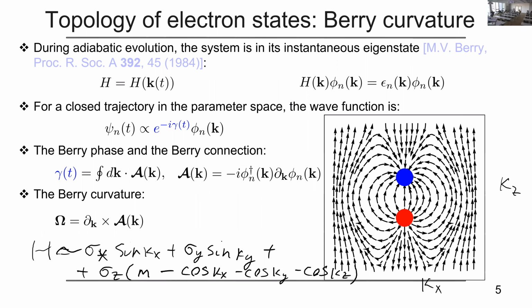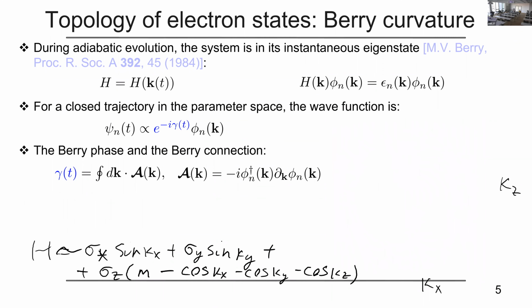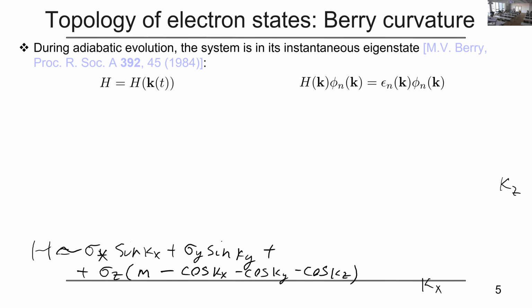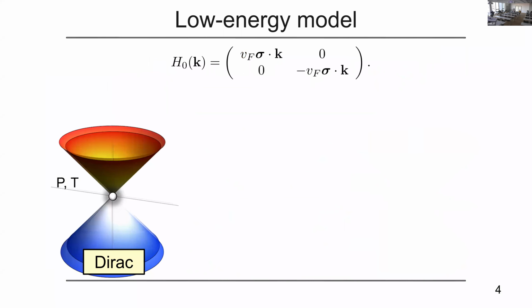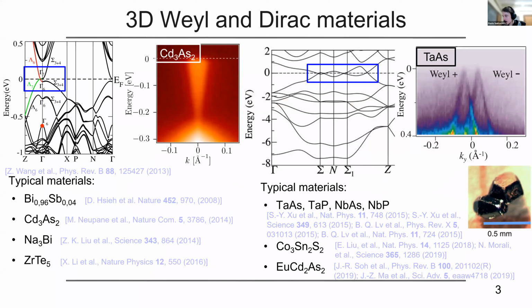In the beginning, you showed tantalum arsenide. You have 32 Weyl points close to the Fermi surface. How does it change the results? Yes, this of course will complicate the results because we'll be scattering between Weyl nodes.